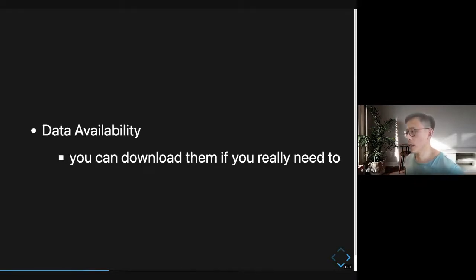Let's take rollups as an example. Everyone knows rollups basically put their transaction data on the layer 1 chain. So with an optimistic rollup, if you find the operator doing something bad, you can find your transaction history from the layer 1 chain and submit a fraud proof.